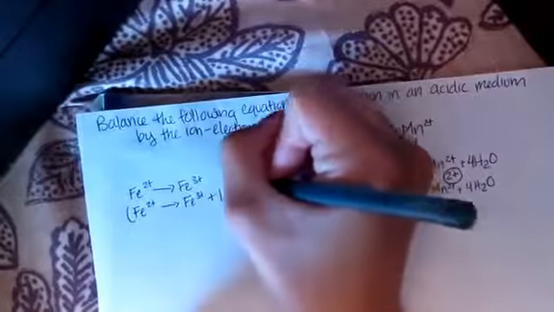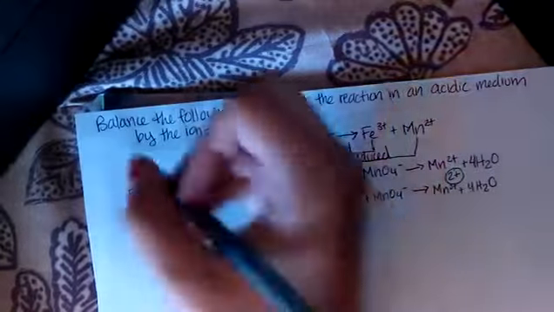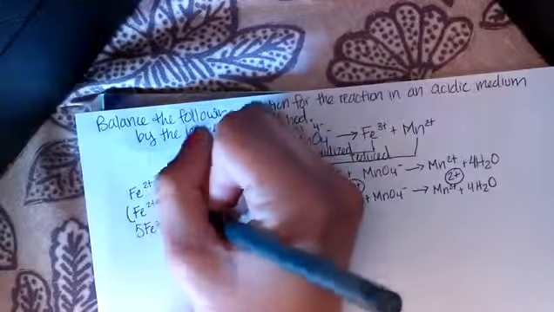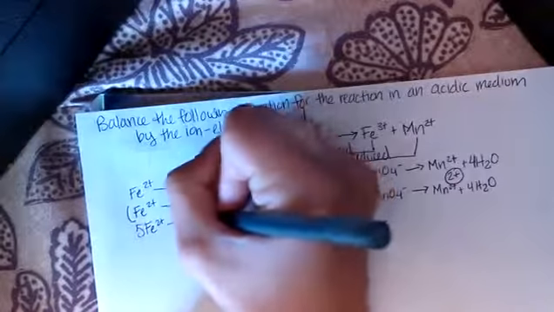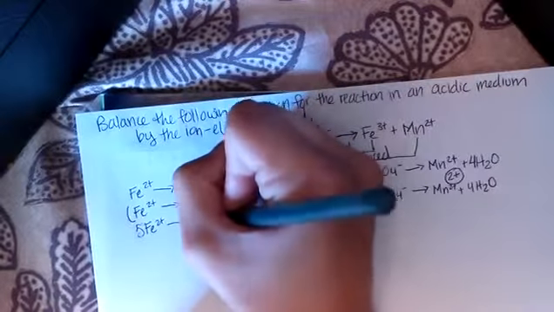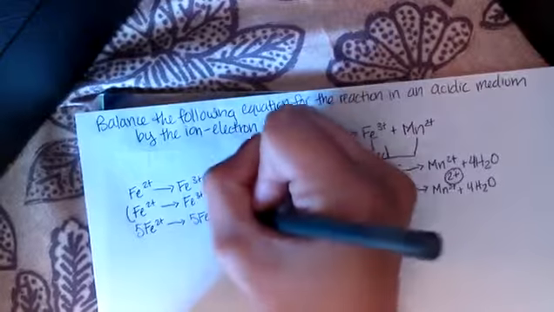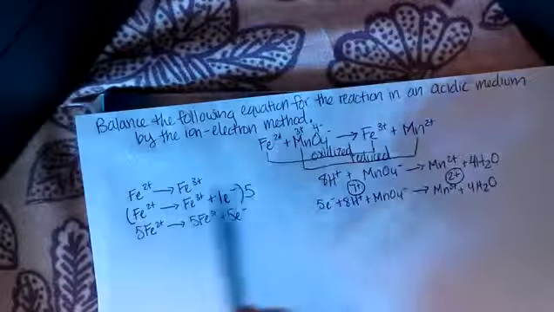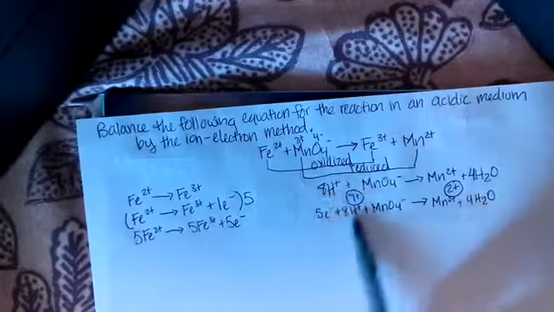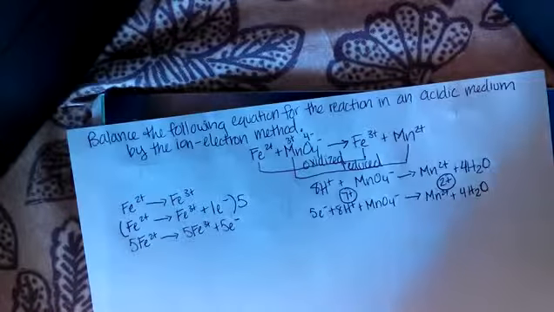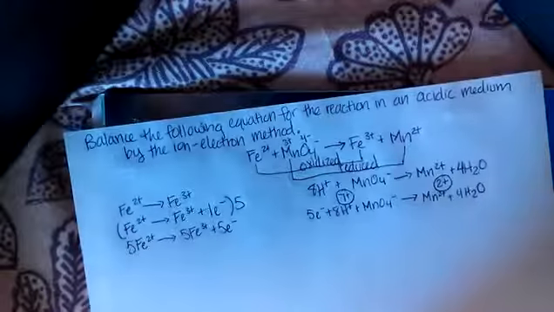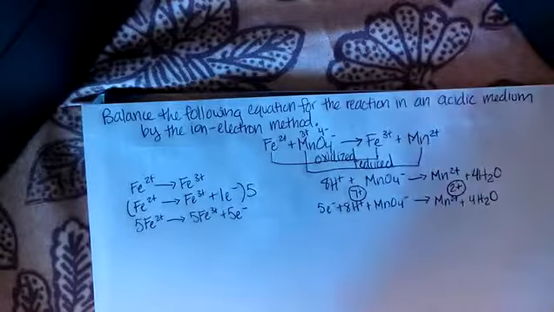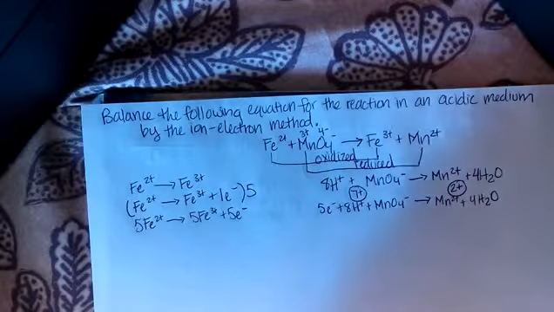So if we multiply this whole thing by 5, you'll get 5Fe2 plus goes to 5Fe3 plus 5 electrons. So it's just multiplying across. And now we have the same 5 electrons in this one, 5 electrons in this one, which is important because it's going to allow you to cancel these out. You need electrons to be equal on both sides.